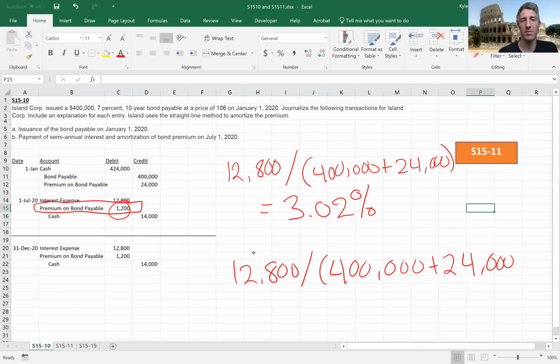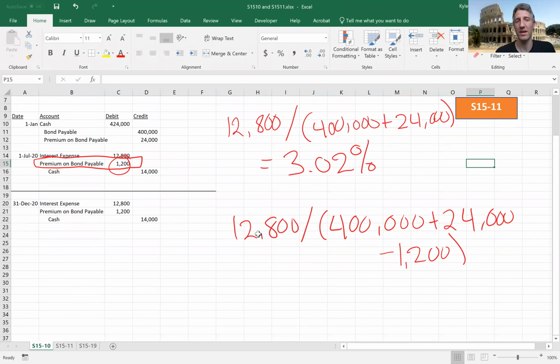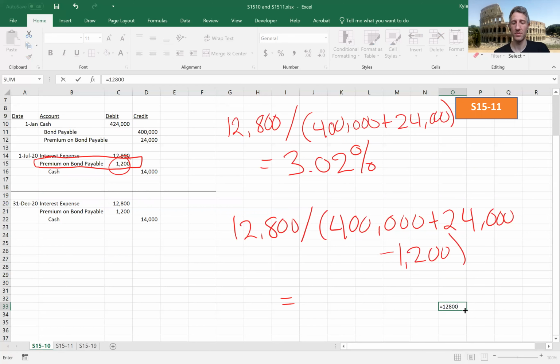We lowered that premium. So I'm going to lower this by the premium, because that's going to be the net carrying value after we did that journal entry. So if I were to do this calculation, and I'm going to have to do that in Excel, it's going to be 3.03%.